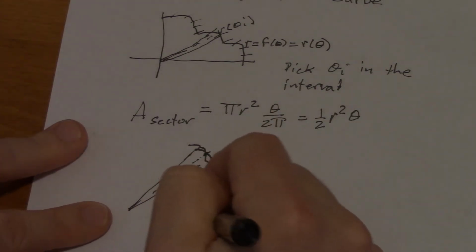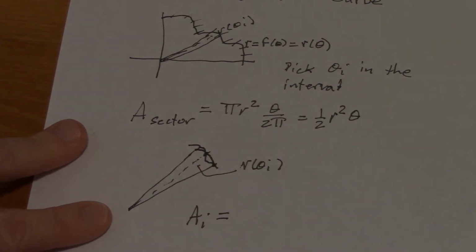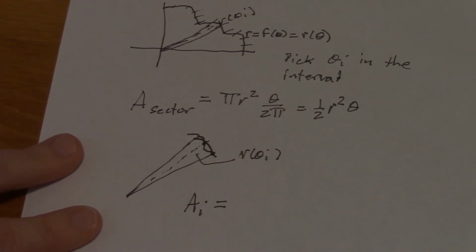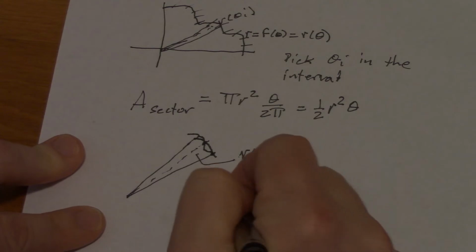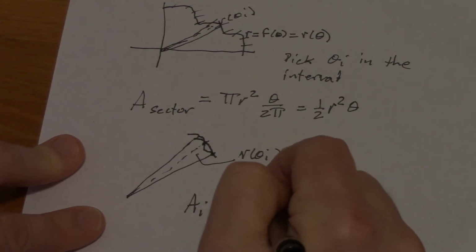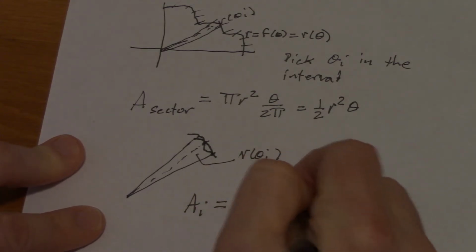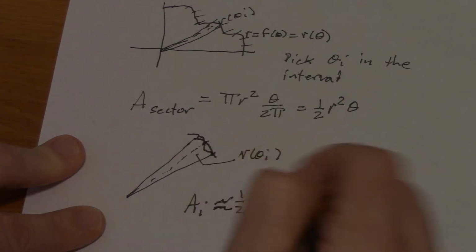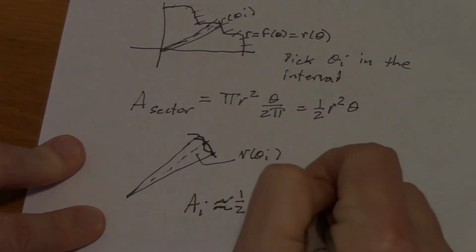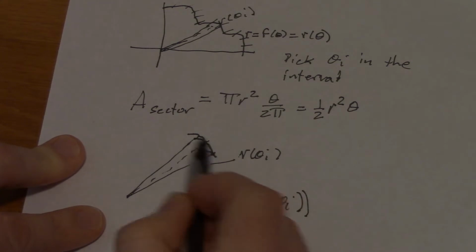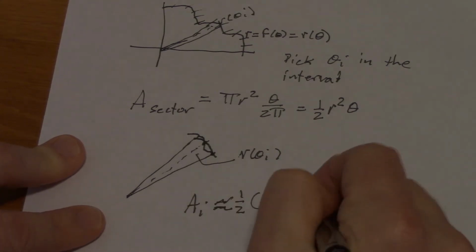So the area of the ith slice is going to be 1/2 r of theta i squared, and I should say this is not equal to, but approximately equal to, times delta theta, whatever thetas I'm using here in the interval.